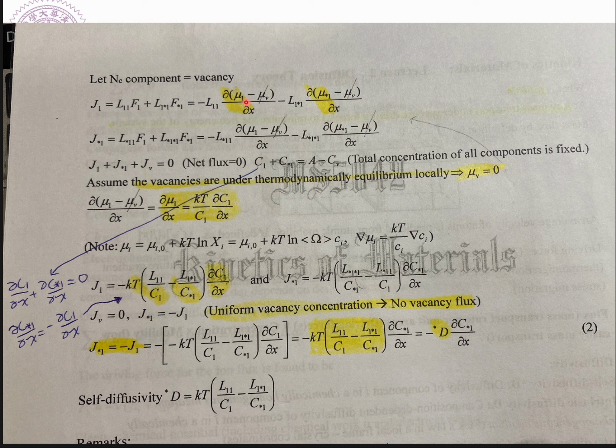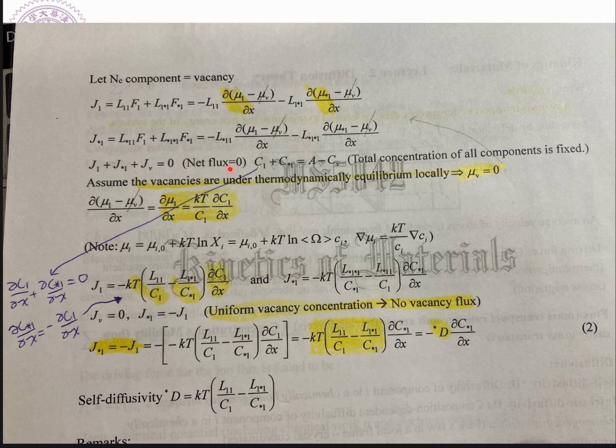So based on this idea, please go back to the lecture note. The driving force for component i is actually mu i minus mu V, and for the radioisotope i* it is also minus mu V, because we assume the Nc component equals vacancy. So we can substitute the chemical driving force term with these terms. And that's a very important assumption here.